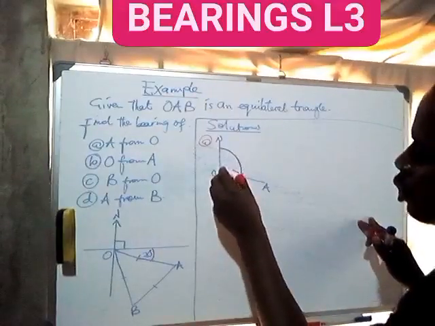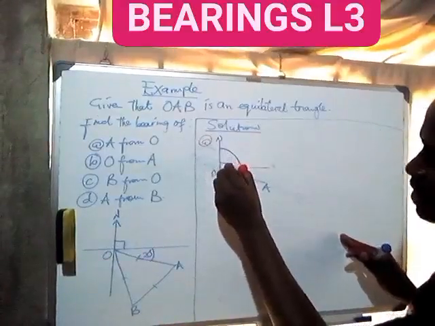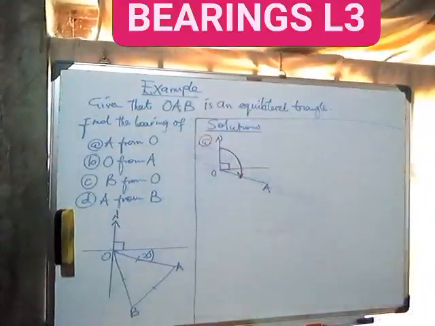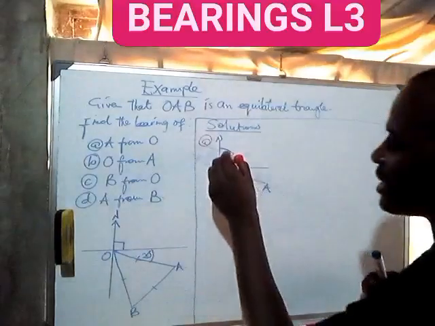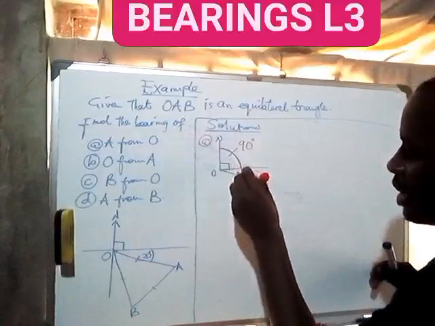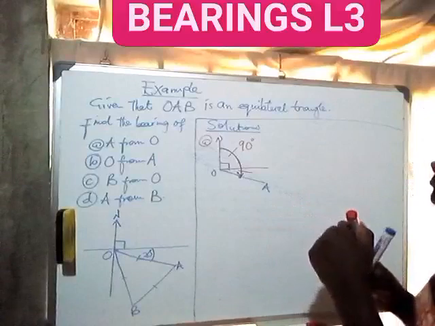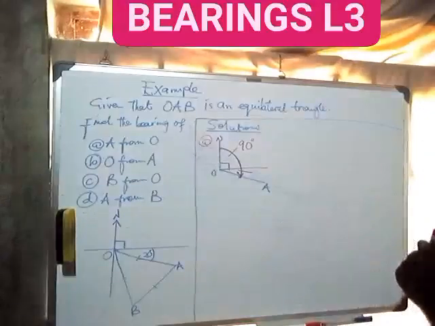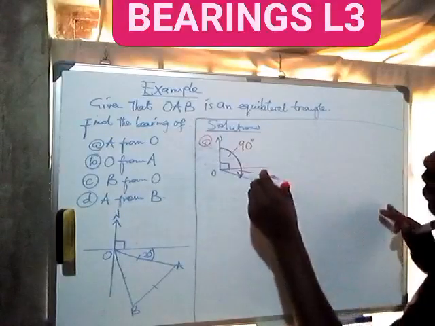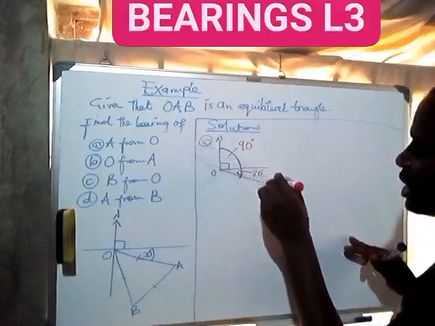Mind you, we have another line there which has been named as 90 degrees. So this means that just this angle alone is 90 degrees. Then we have another angle here which is remaining in order to form the bearing of A from O. This angle here is 20 degrees.